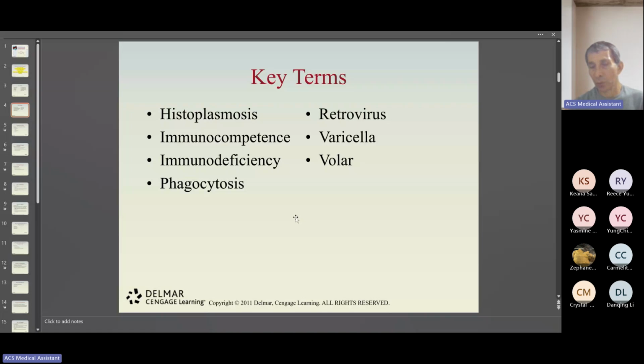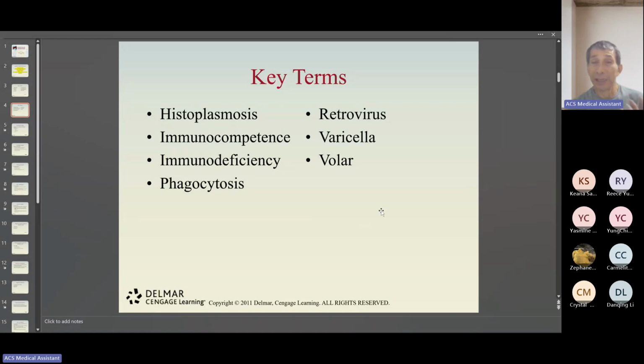Retrovirus has to do with HIV, a virus that goes back to the time the virus was produced, where we try to inhibit it, to refrain the reproduction of the cells that produce the virus.